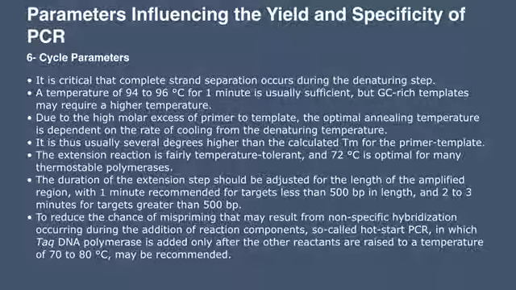Number 6. Cycle parameters. It is critical that complete strand separation occurs during the denaturing step. A temperature of 94 to 96 degrees Celsius for 1 minute is usually sufficient, but GC-rich templates may require a higher temperature.